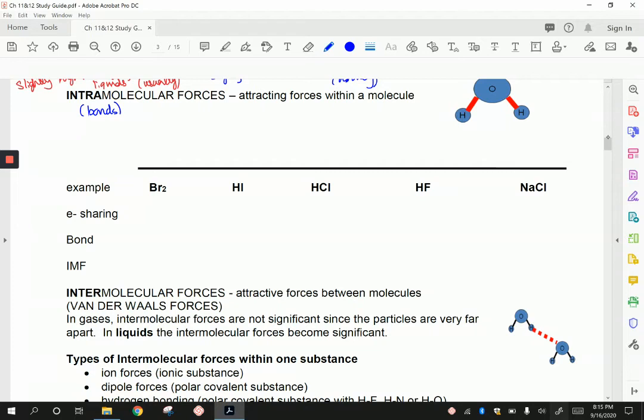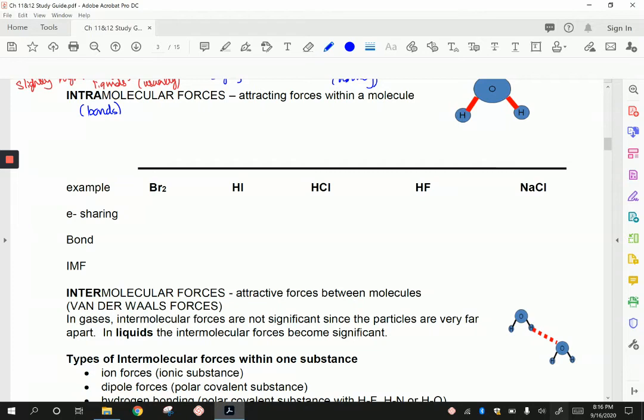So in order to overcome intramolecular forces, in order to overcome this attraction here, the bond, I have to break that bond, which means I need a chemical reaction. In order to overcome intermolecular forces, I just need a physical change, like melting or vaporizing or something like that.